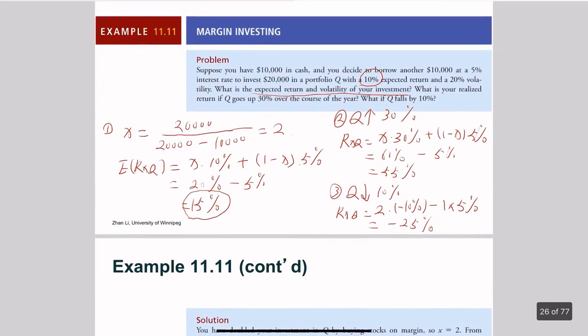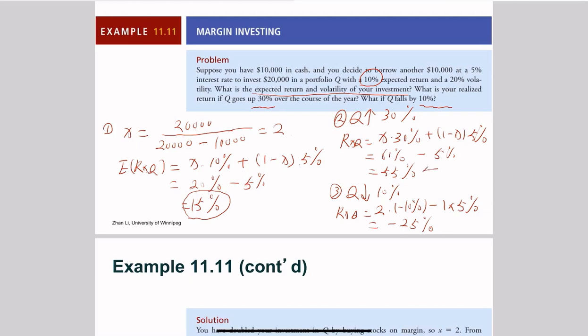Now, a very interesting observation from this problem: if you're not using leverage, if you only invest in portfolio Q without borrowing money, the difference between your returns is 30% versus minus 10%, right? But if you're using leverage, the difference becomes larger.